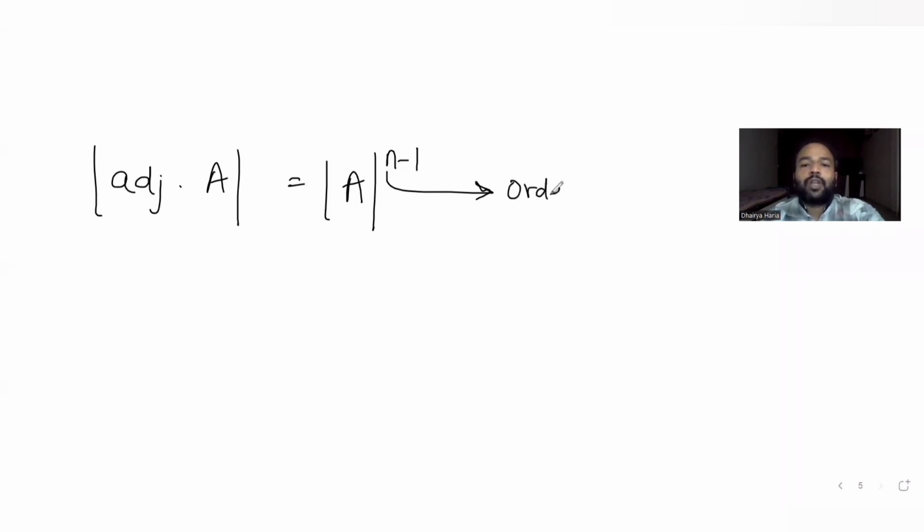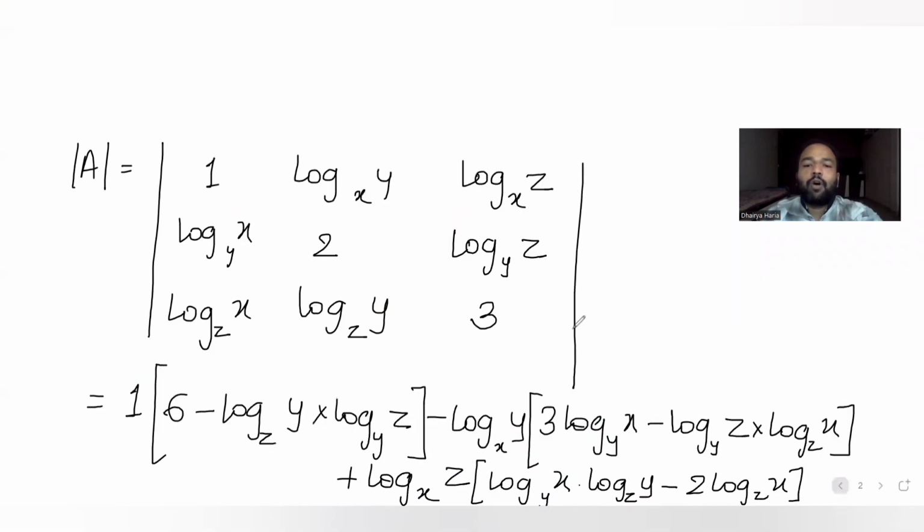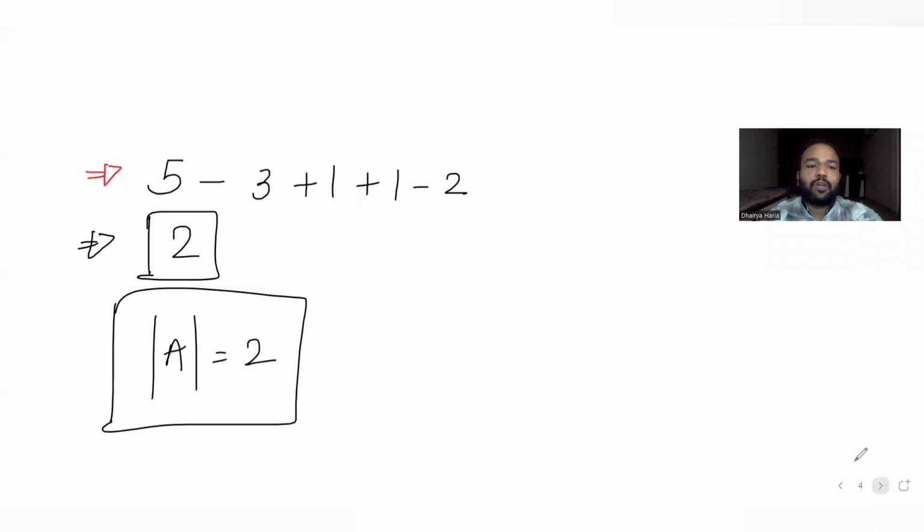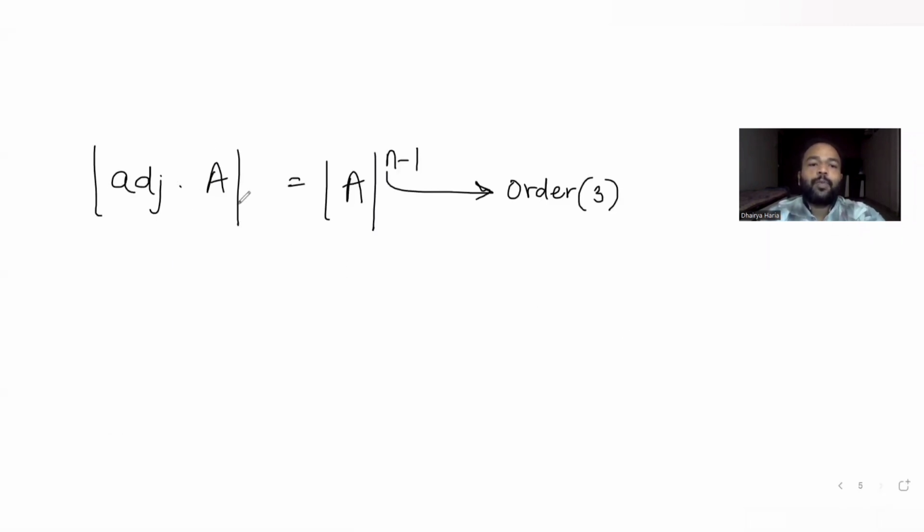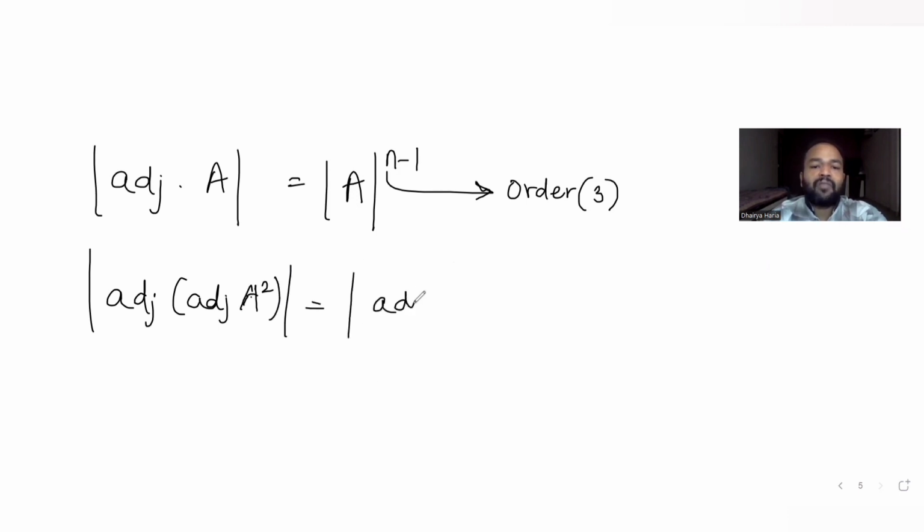That is 3 cross 3, so n in this case is 3 because you have 3 rows and 3 columns here. So the determinant of adjoint of A squared becomes determinant of adjoint of A raised to n minus 1, that is 3 minus 1, that is 2, so squared. And again we know the determinant of adjoint should be A squared.